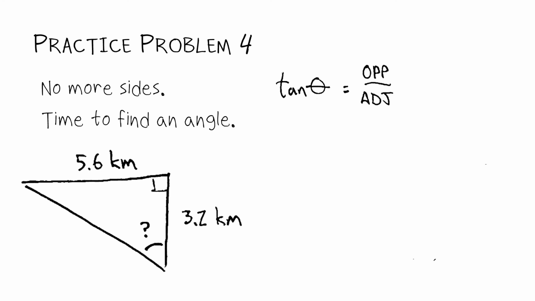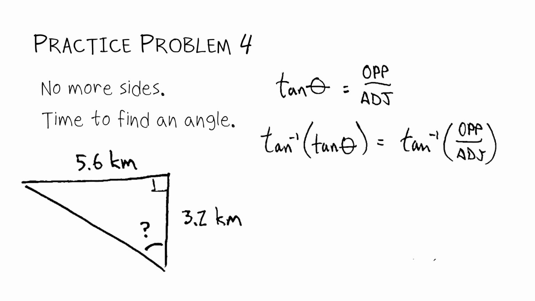We are not asked to solve for it. We don't know it. We know the opposite and adjacent sides. So since we know the opposite and adjacent sides and we're solving for an angle, that tells us to use the tangent of theta equals opposite over adjacent. Now the opposite, based on the angle that we are given, is 5.6, and the adjacent is 3.2.